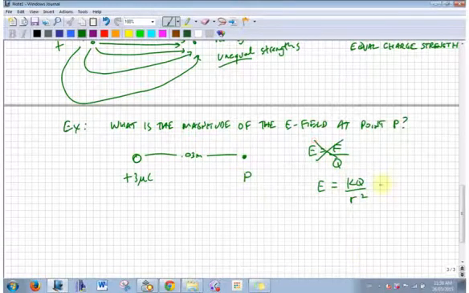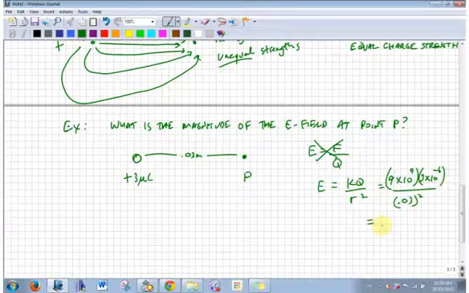So what's K? 9 times 10 to the 9. Don't have to memorize it, I'll give it to you. This is 3 times 10 to the minus 6 coulombs. R, 0.03 squared. It's as simple as they come. Put that in, and that's 3 times 10 to the 5.